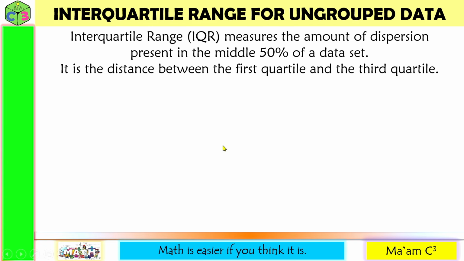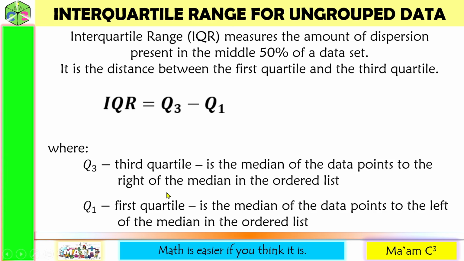For the formula, this is Q sub 3 minus Q sub 1, where Q sub 3 is the third quartile. It is the median of the data points to the right of the median in the ordered list, while Q sub 1 is the first quartile. It is the median of the data points to the left of the median in the ordered list.